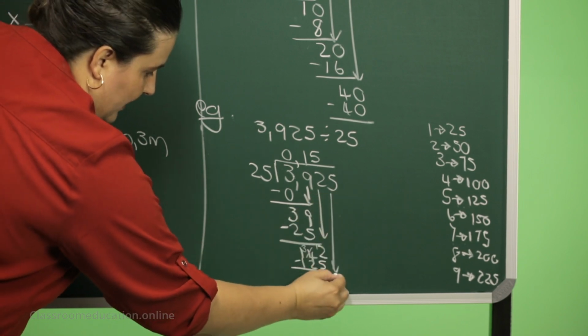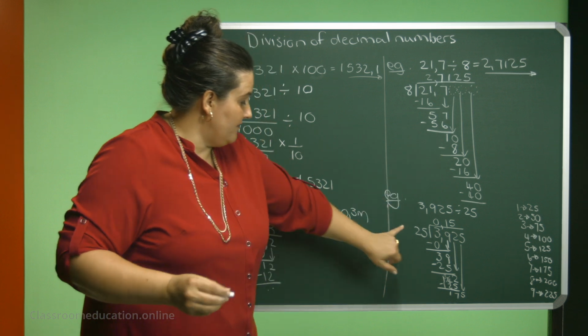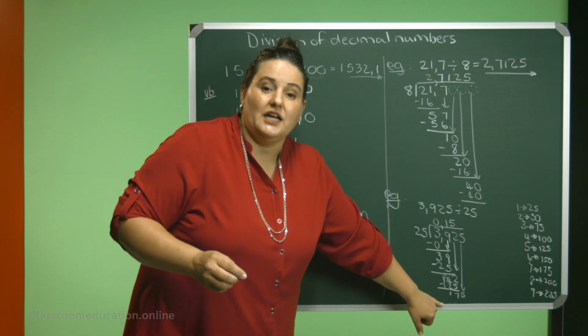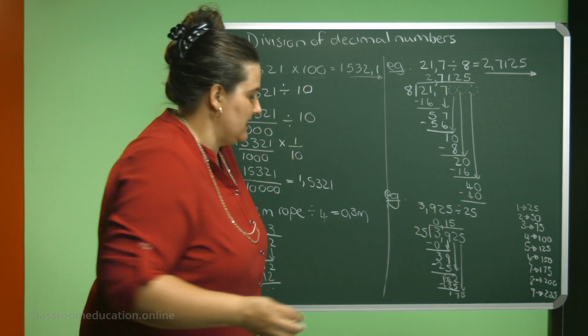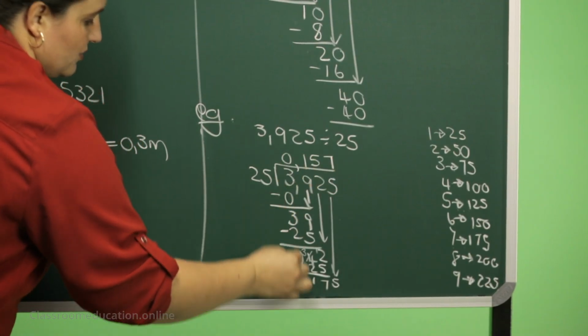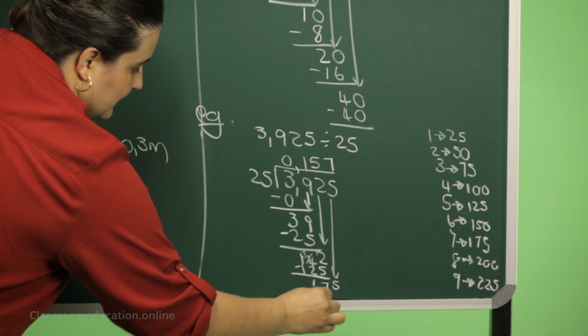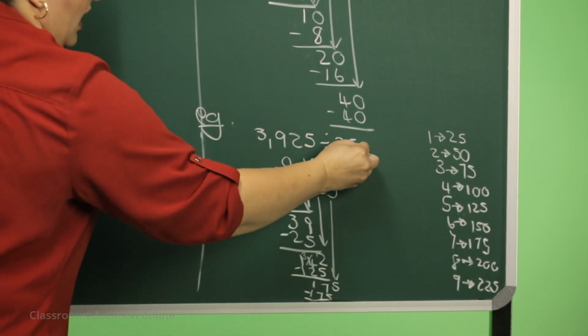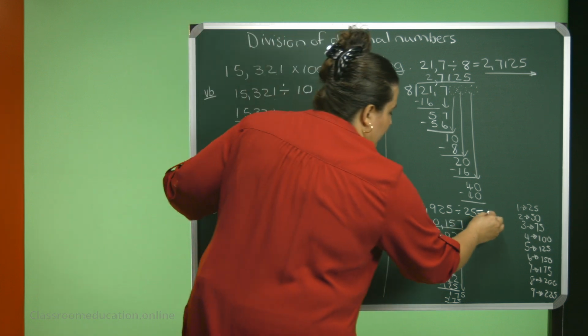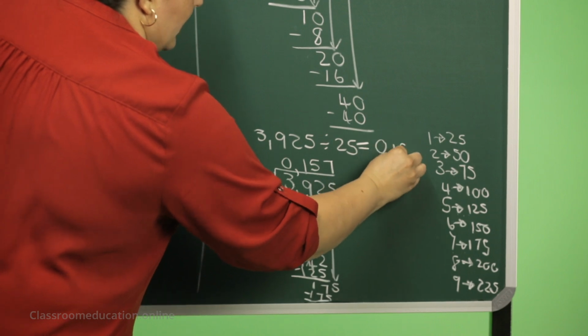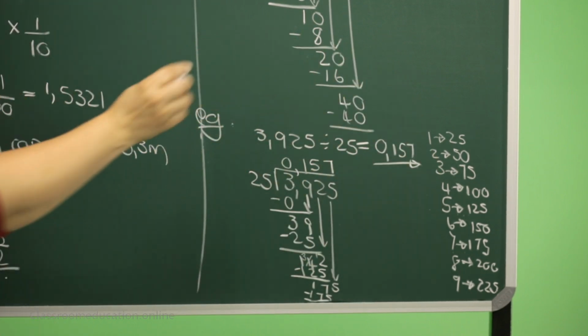Bring down the 5. Can 25 go into 175? Yes, exactly 7 times. So 7 times 25 is 175. So my answer will be 0,157.